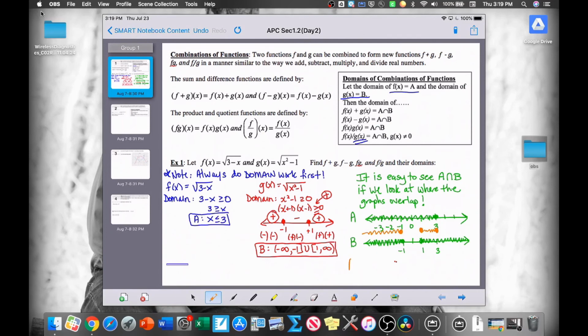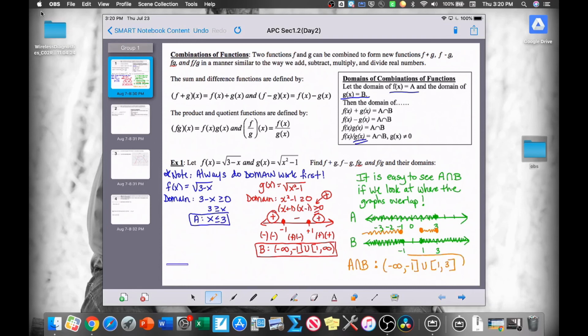Okay, so A intersect B, if we write it in interval notation, is going to be from negative infinity up to and including negative 1, union 1, including 1, up to and including 3. Okay, so that is going to be our A intersect B.